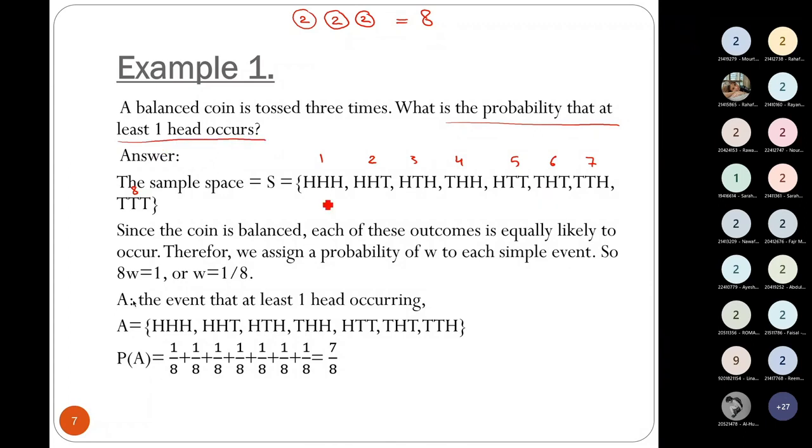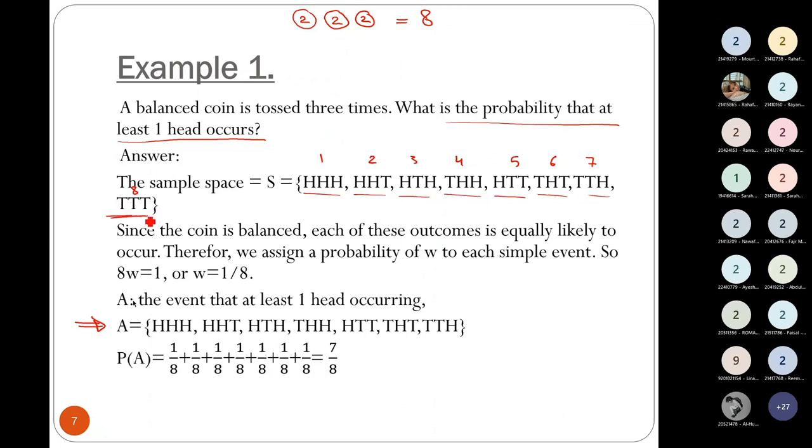This means the event A, at least one head occurs. We have 7 outcomes.